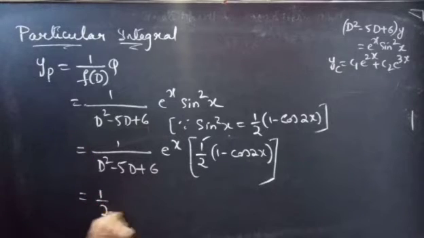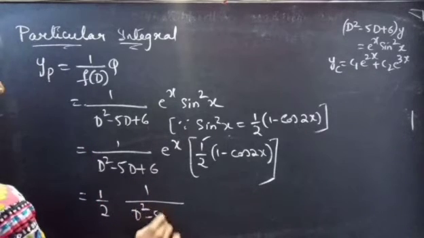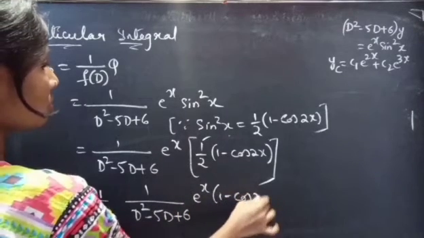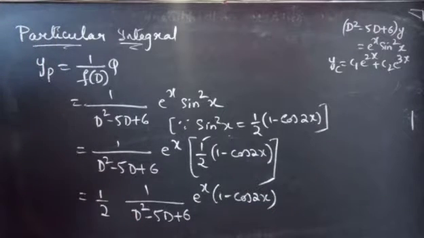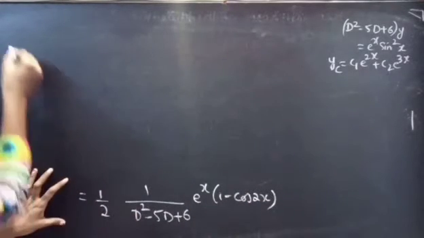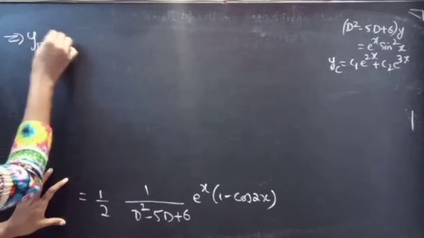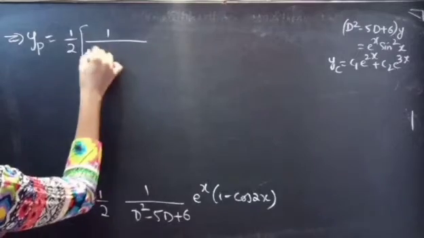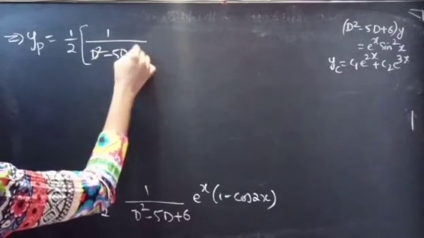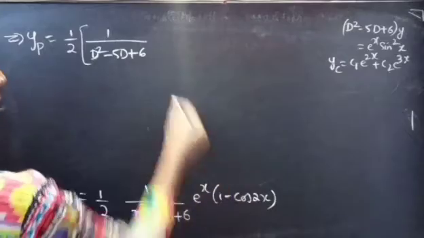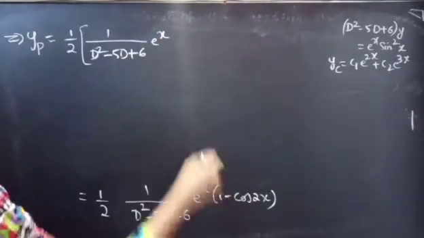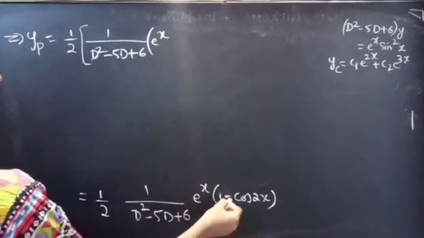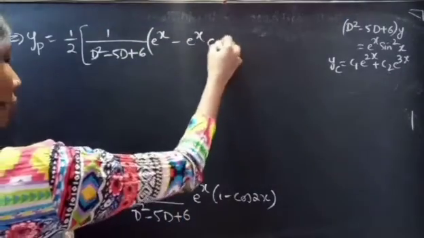Then we get 1/2 times 1/(D² − 5D + 6) e^x (1 − cos 2x). Now yp becomes 1/2 times 1/f(D) times (e^x − e^x cos 2x).